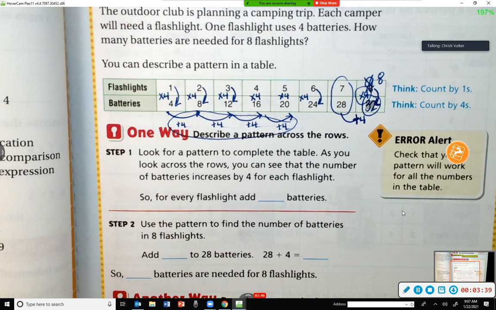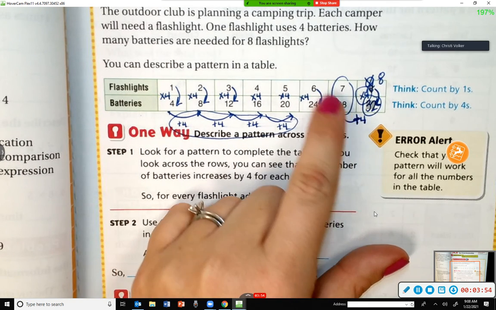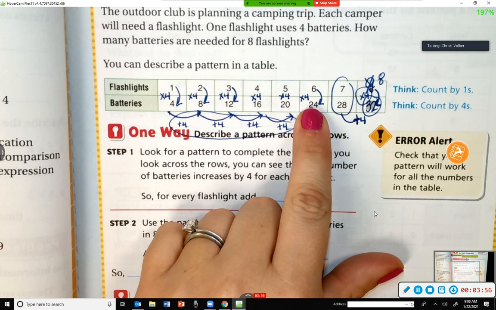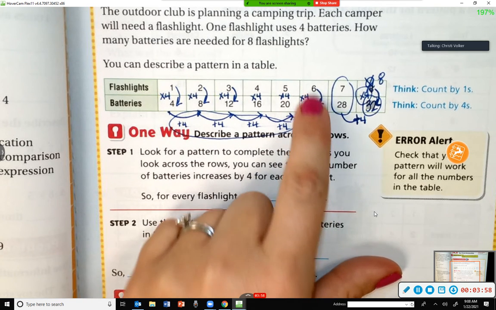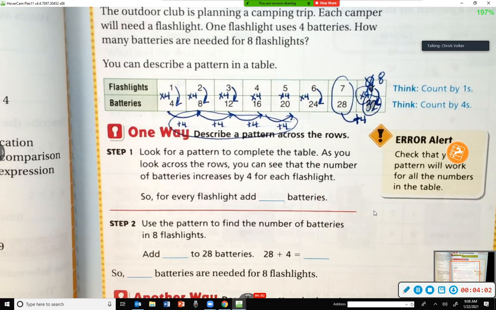Okay? Is that good? Any questions so far? So we can skip count by 4s going across, or we can multiply by 4 if we're going down, looking at it going up and down. Okay, let's go ahead and flip the page.